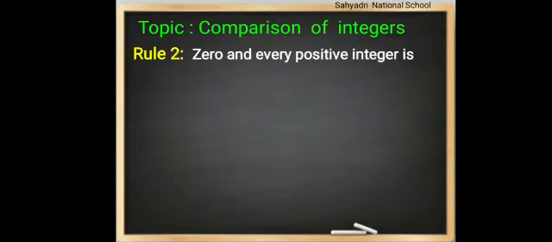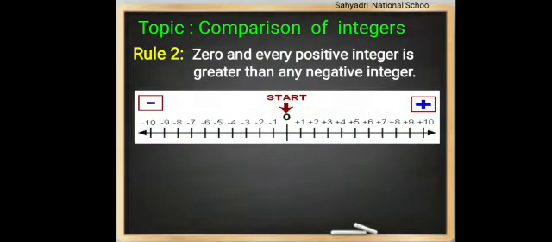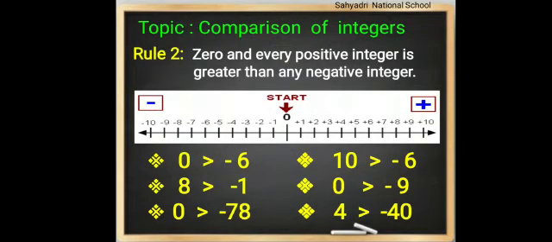0 and every positive integer is greater than any negative integer. Here goes the number line. We know that left side are all negative integers. Let us see few examples. 0 is greater than negative 6.